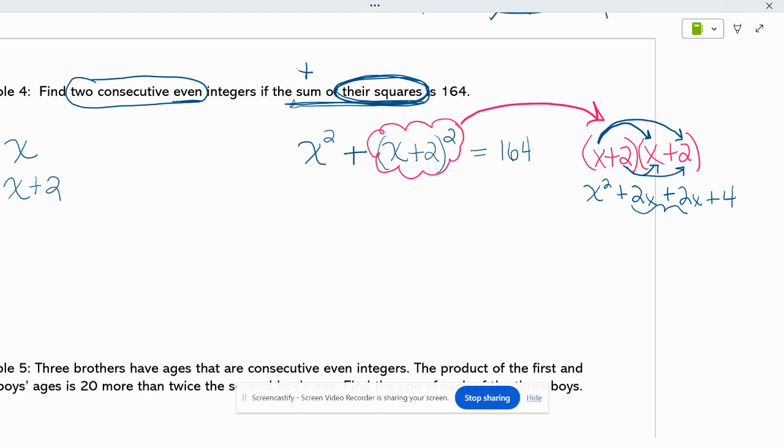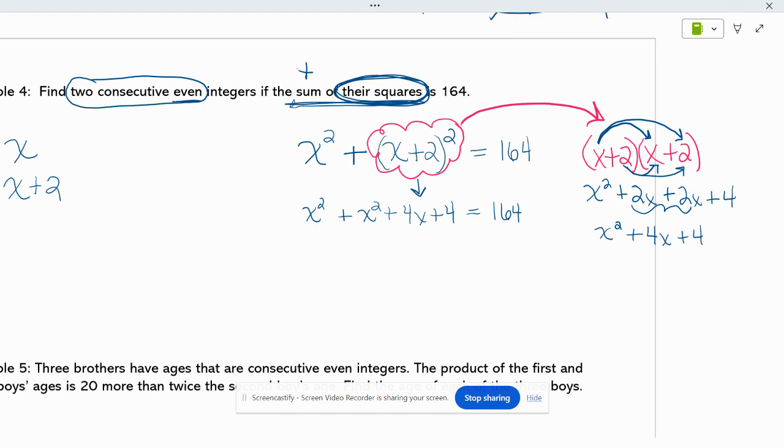Do you guys see that I can combine these two terms in the middle? 2x plus 2x is 4x. X squared plus 4x plus 4. So that is really what goes right here. So I have the first integer squared, plus x squared plus 4x plus 4 equals 164.